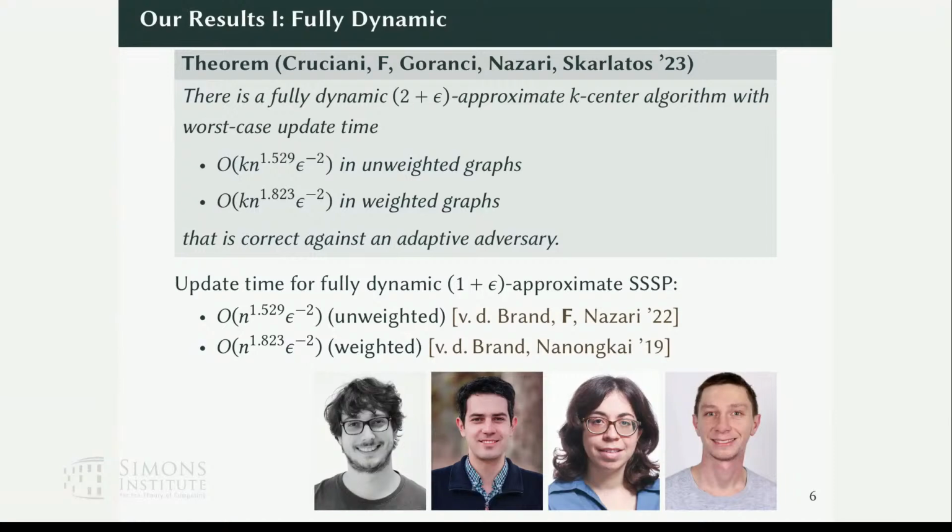If in addition to these updates you're also given query access to the distances, then you should be able to just use the existing work as a black box. I'm not so sure, because as I argued before, if you just insert one edge, you could change the distance between many pairs of nodes.